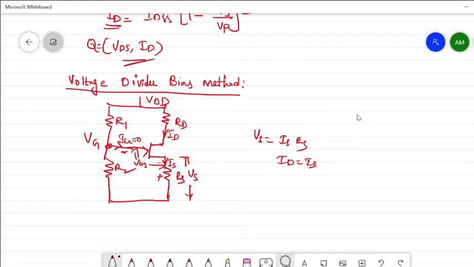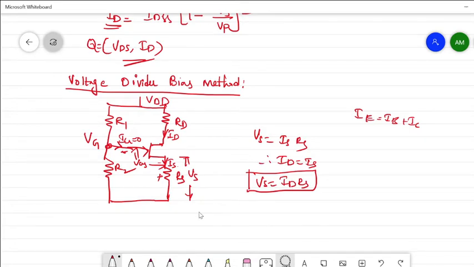Actually, we know this equation: in a BJT, emitter current IE is equal to IB plus IC. Like that, here also ID is equal to IG plus IS only. But IG is equal to 0 here, so ID is equal to IS. So VS is equal to ID into RS. This is the source voltage.